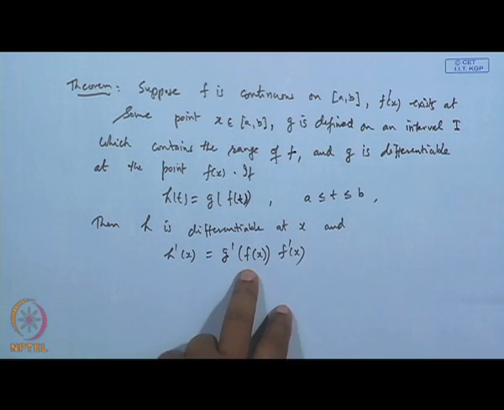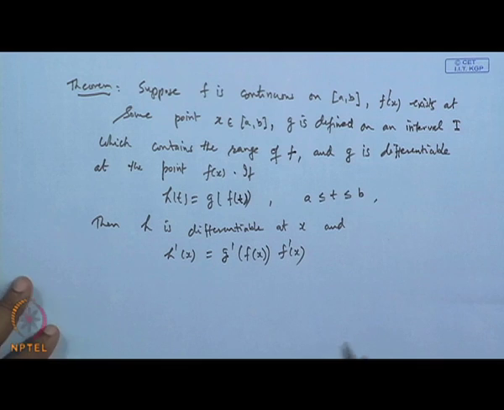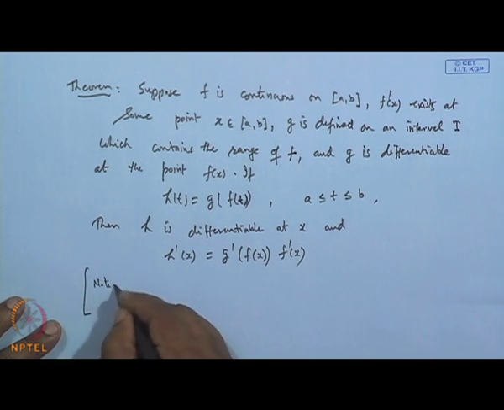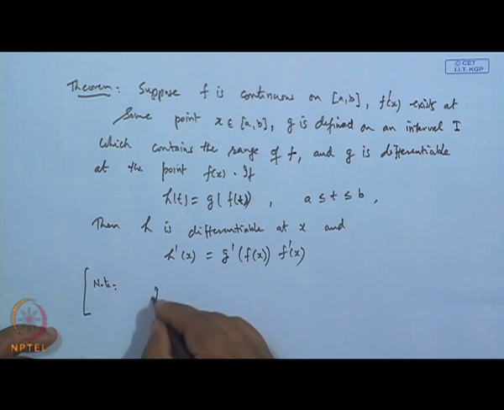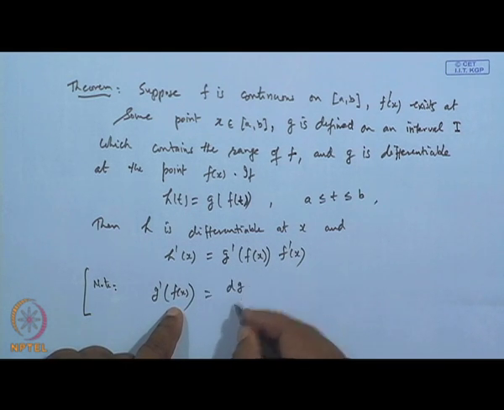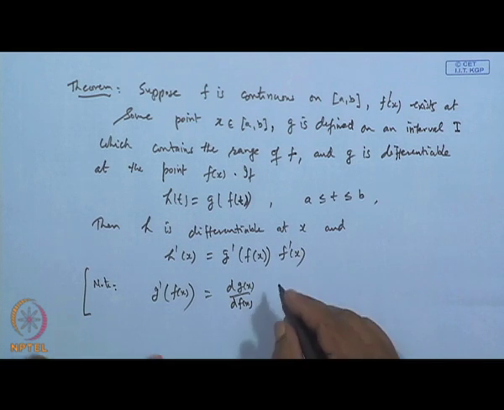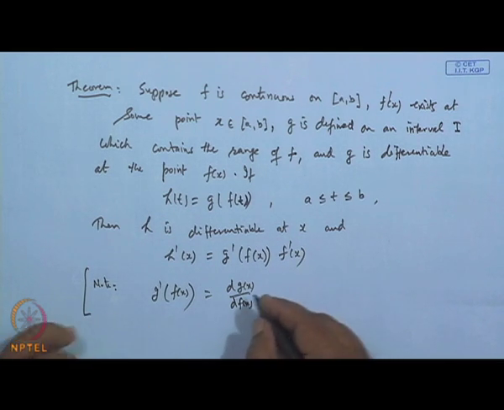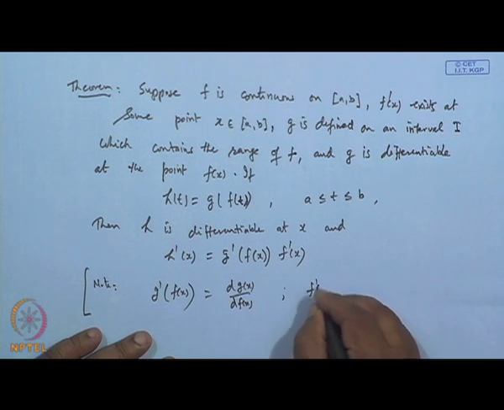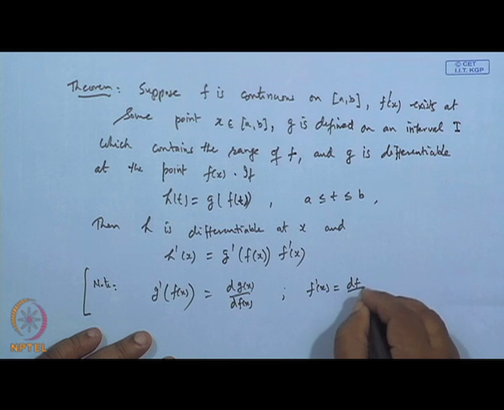Now, remember, here I will just explain. Note, when we say g dash of f(x), it means we are differentiating g with respect to f, and then f with respect to x. And f dash x is df over dx.